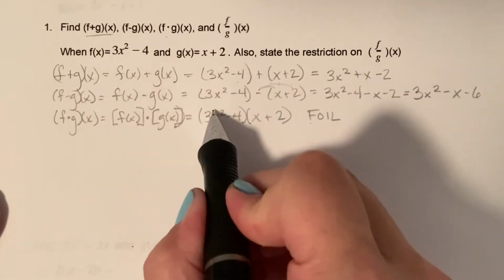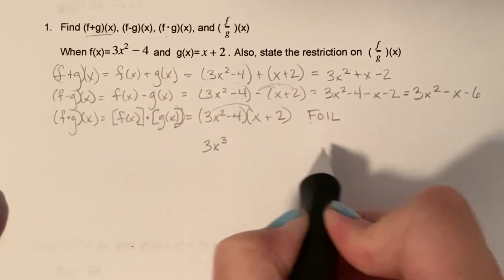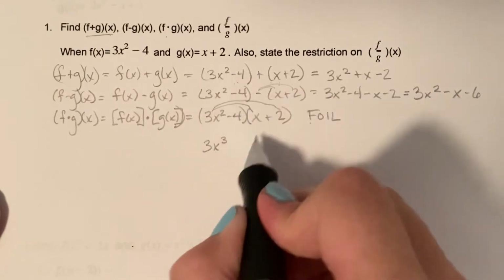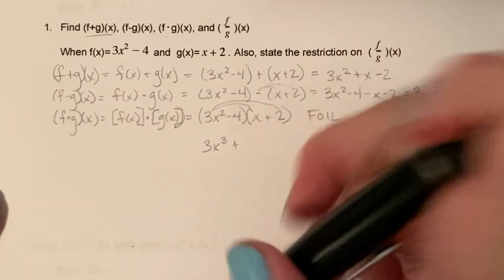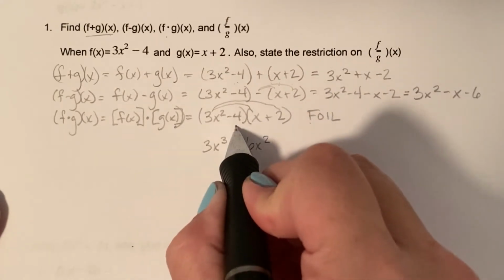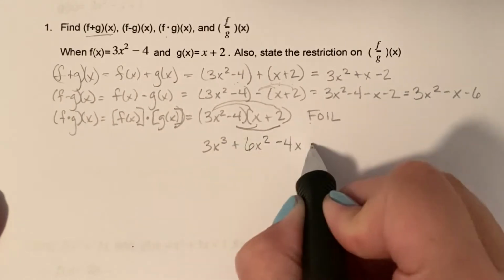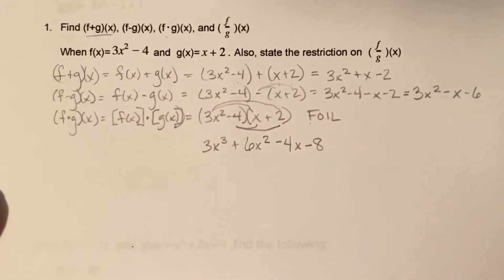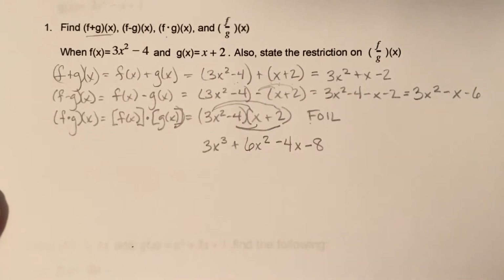So the first terms, 3x cubed. The outer terms, that'll be 6x squared. Inner terms and outer terms. Check to see if you can combine any like terms. We can't, so we're done.